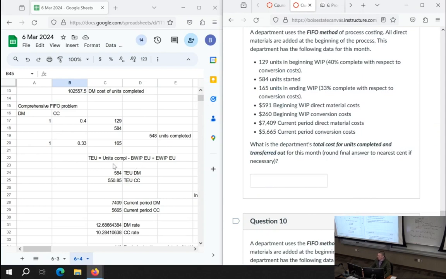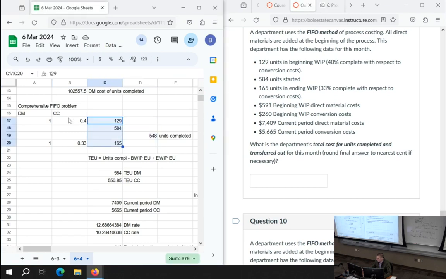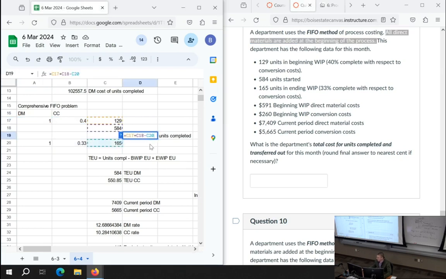All right. So I started copying over the fact pattern right here. And what's conversion costs. And then I said, I know from this sentence that direct materials are all 100% complete. Then I figured units completed. That's old hat now. We got that. And just for completeness, I wrote out the total equivalent units.